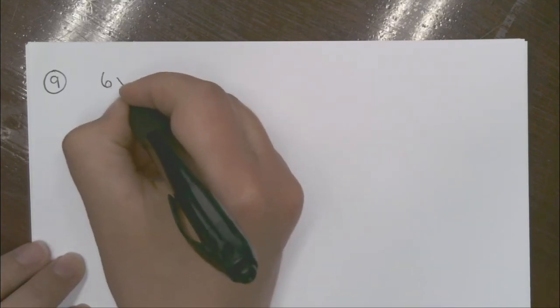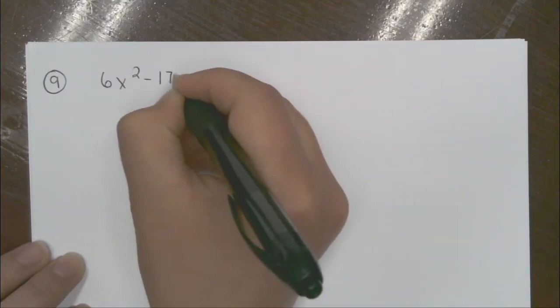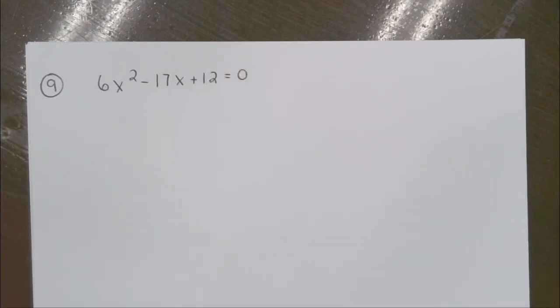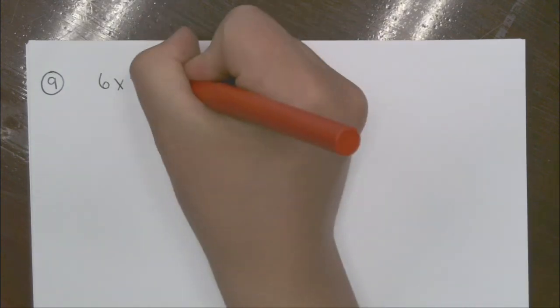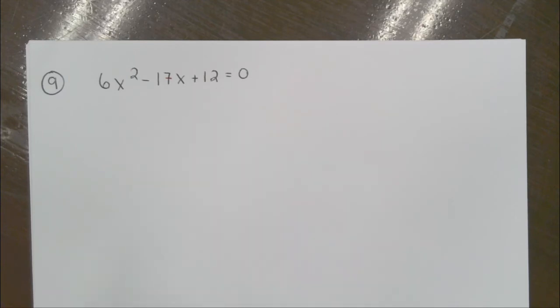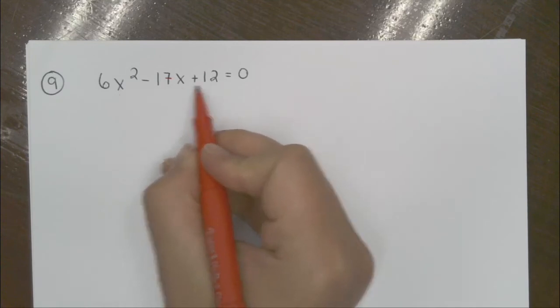Number 9 says 6x squared minus 17x plus 12 is equal to 0. And our goal, what does it say? Factor completely. Okay. With this 17, can't really pull out a 6. So we don't have a GCF. Bummer. We have an x, no x.